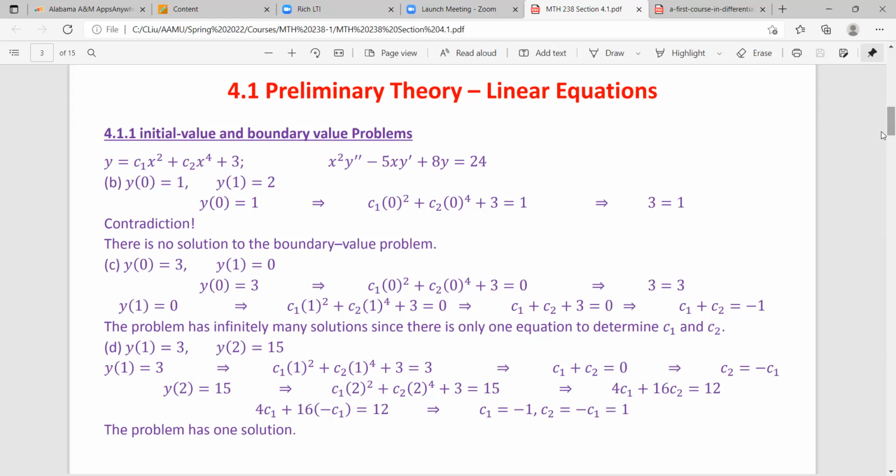So just plug in 0 for x and 1 for x and see what you get. If you plug in 0 for x in y, you get C1 times 0 squared plus C2 times 0 to the fourth plus 3. And that has to be, oh, wait.